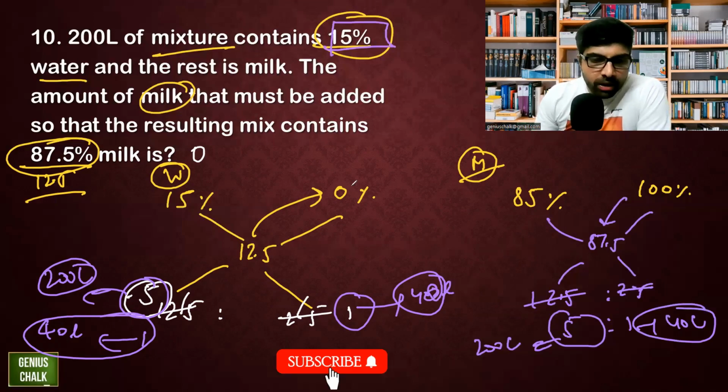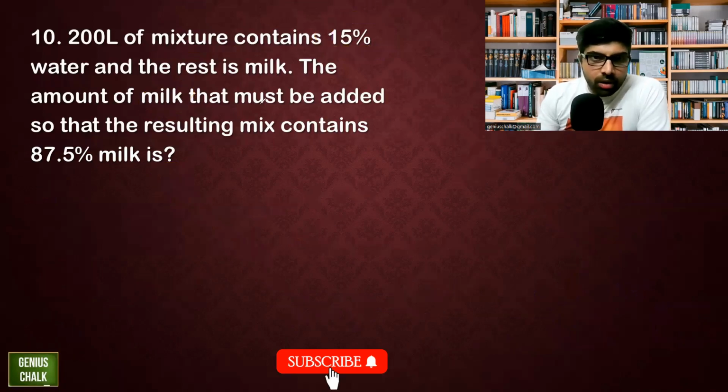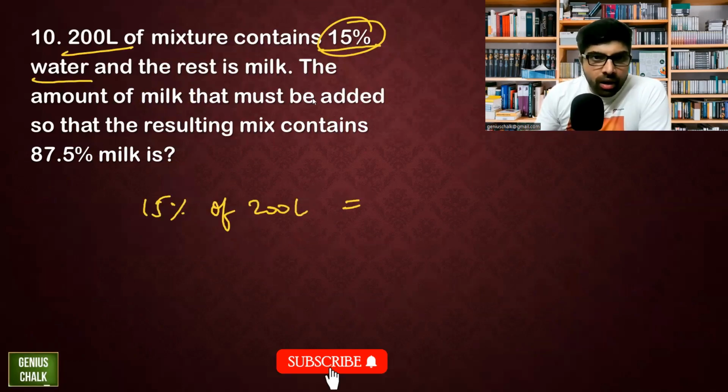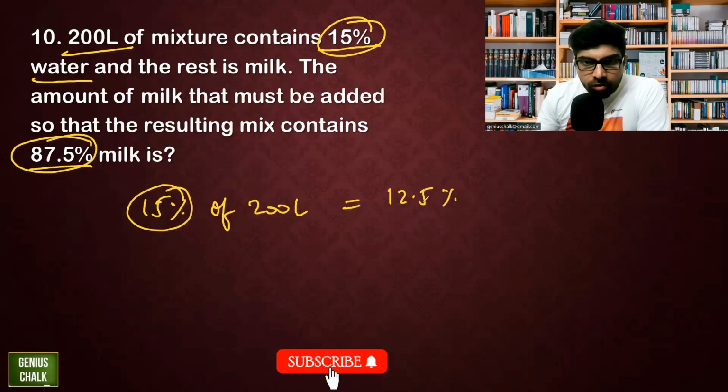Let's do it with the next method which we have discussed, making the second thing same. So 15% water, rest is milk. Milk is added, so that water is same. So we can say 15% of original one, 200 liter, has to be equal to, here milk is this, so can I say this is 12.5% of new.